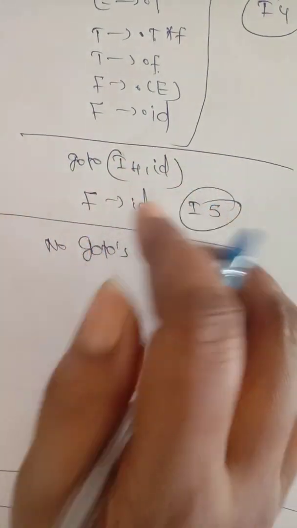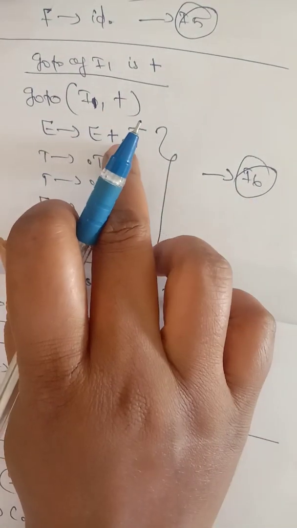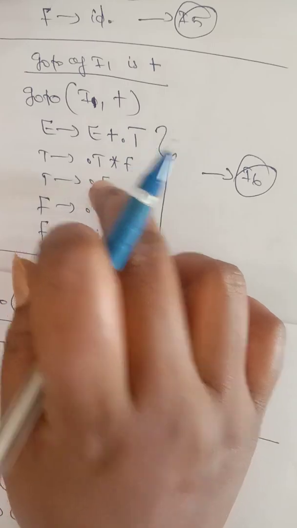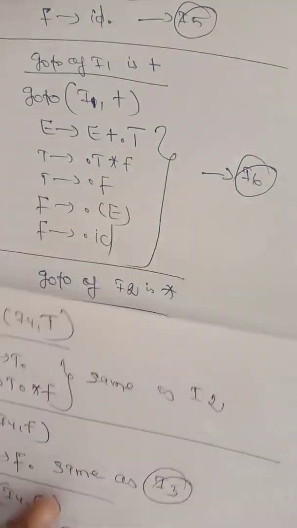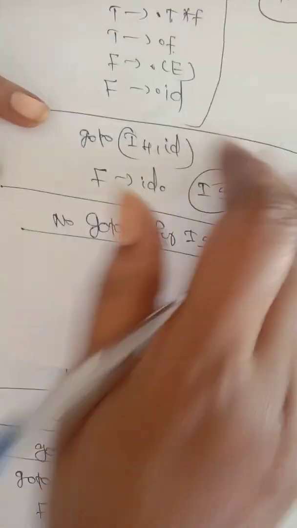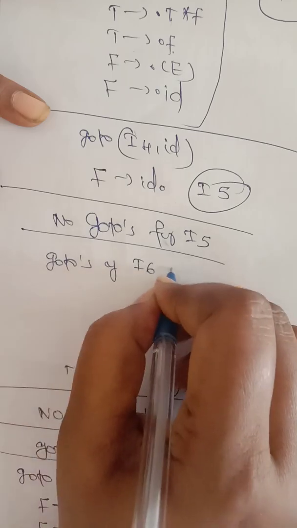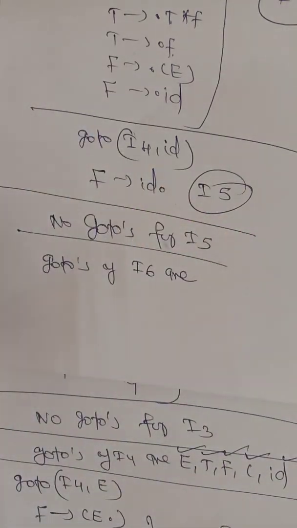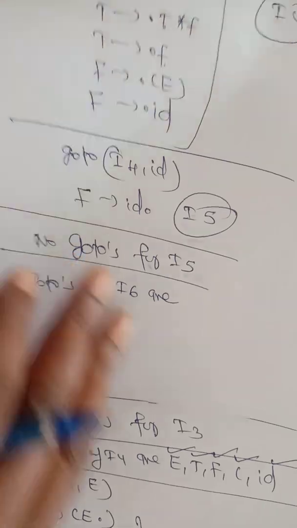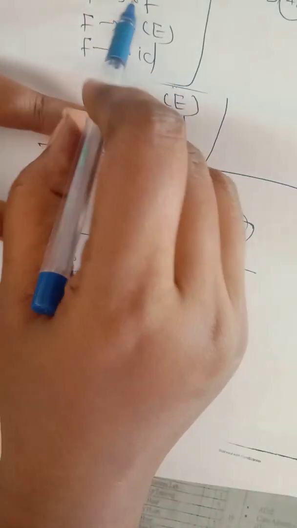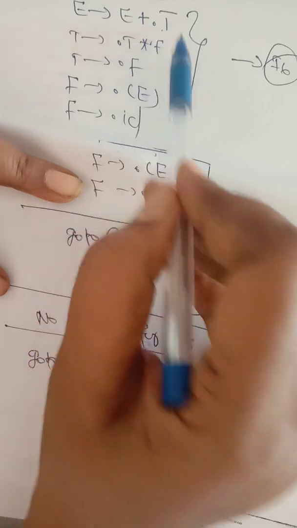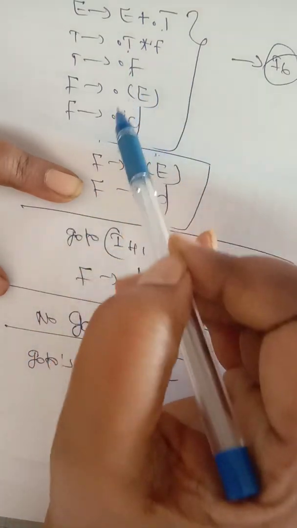Then come to I6. In I6 we have T, then F, open bracket, ID. So the gotos of I6 are T, F, open bracket, ID.